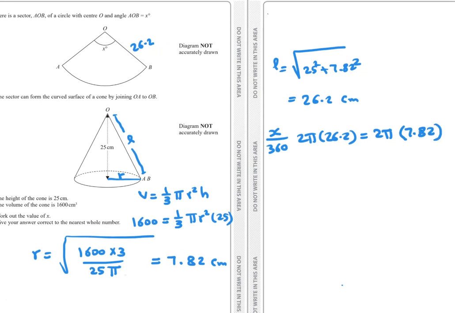You can cancel 2 pi with 2 pi, so now x equals 7.82 multiplied by 360, because 360 goes to the other side, multiply, and 26.2 goes to the other side, division, so divide by 26.2, which equals 107 degrees to the nearest whole number.